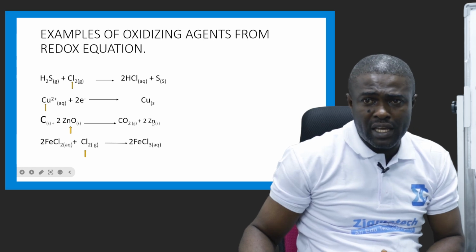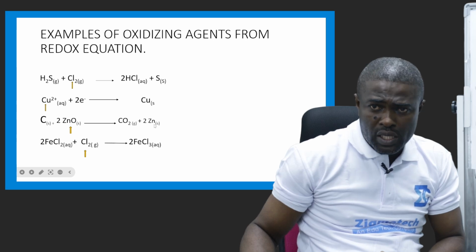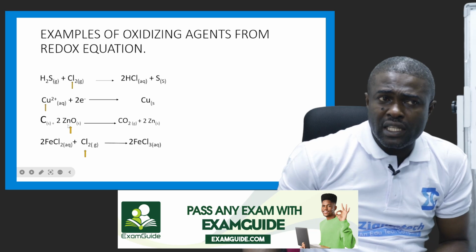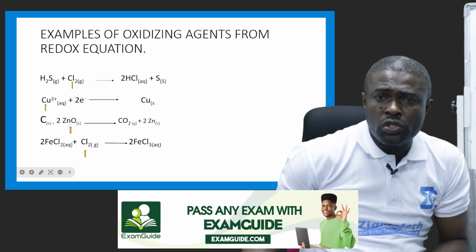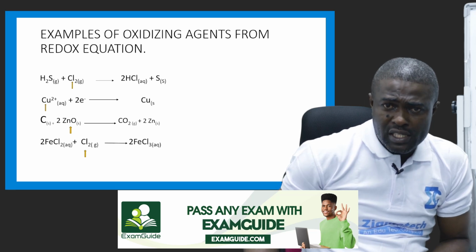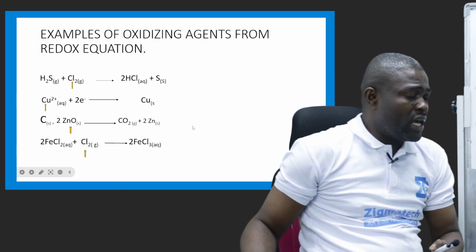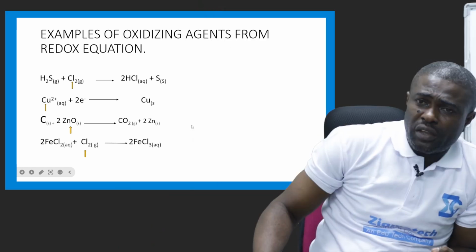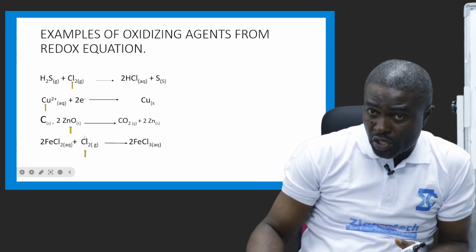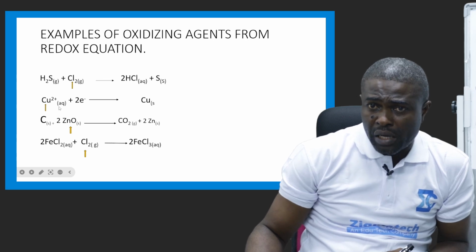It means that zinc oxide is reduced to zinc. That is the chemistry, that's the language we use. Zinc oxide is reduced to zinc. And therefore, since zinc oxide is reduced to zinc, zinc oxide is a good oxidizing agent. Okay. Now, we have already explained the key 3 definitions I gave about oxidizing agent using Redox equations.